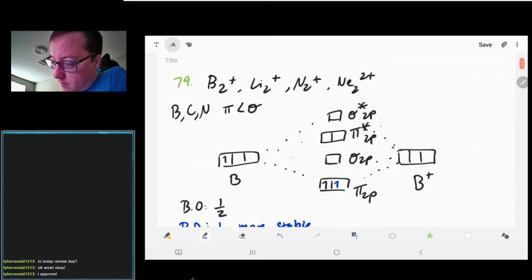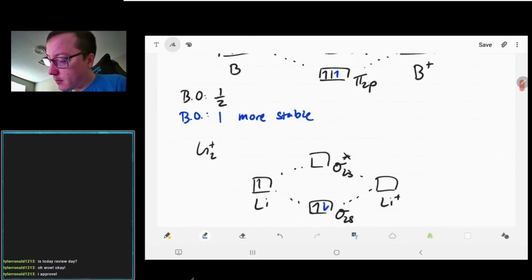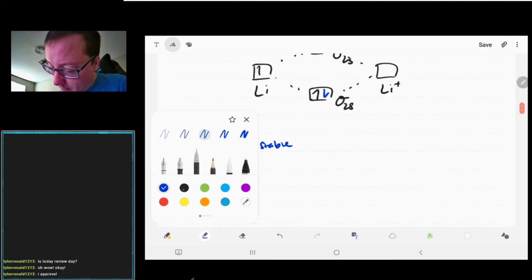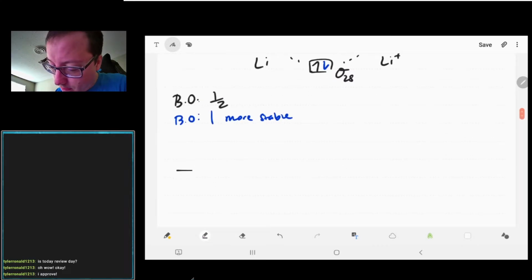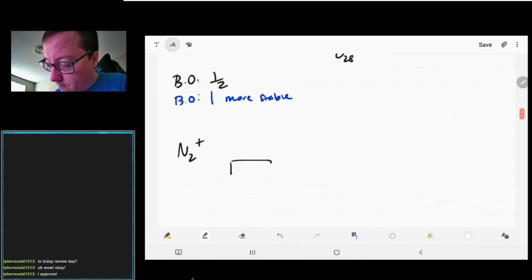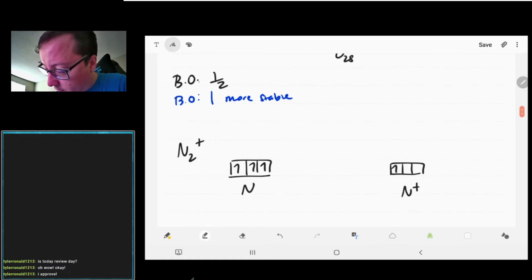Nitrogen now, okay. Nitrogen has 3 electrons in p orbitals. We have a positive nitrogen, so it only has 2. Remember, nitrogen will also have pi as its lowest.